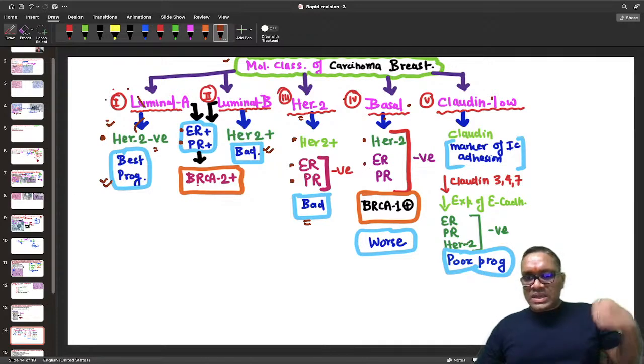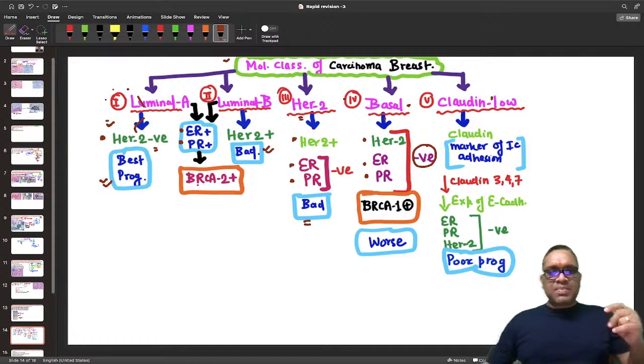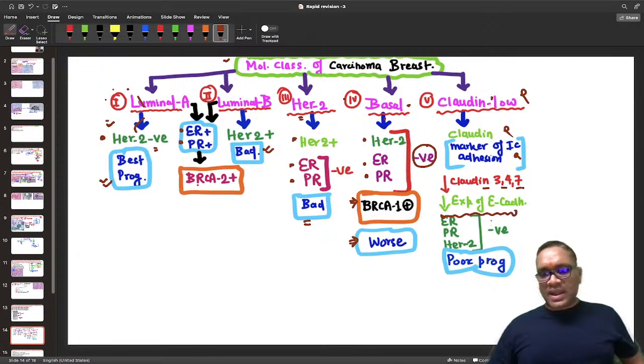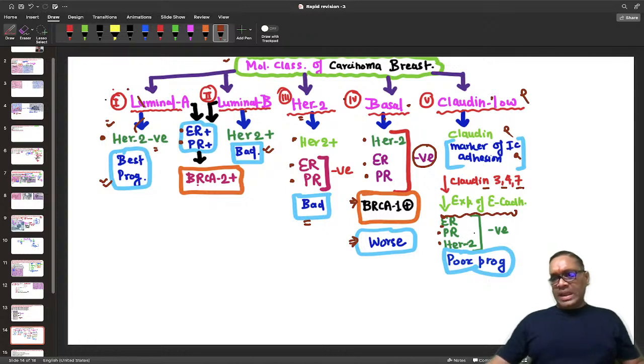HER2 is 0, ER 0, PR 0, meaning all are negative, and they will be BRCA1 positive and carry the worst prognosis. Claudin low is a marker of intercellular adhesion. Claudin 3, 4, 7 will be present, with decreased expression of E-cadherin. ER, PR, HER2 are all negative or absent.